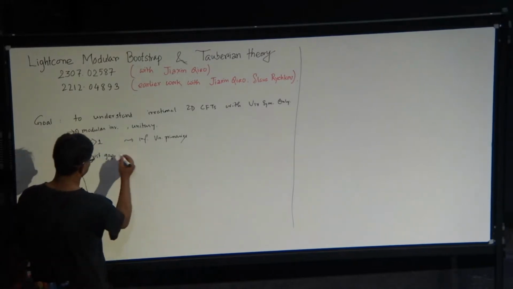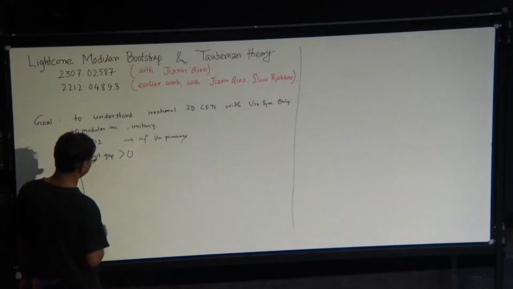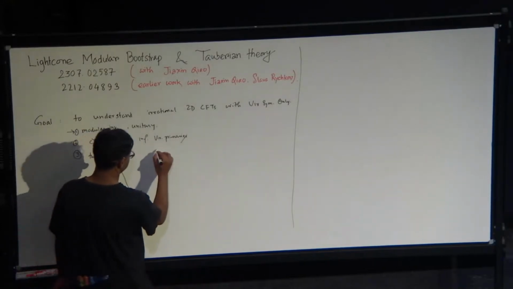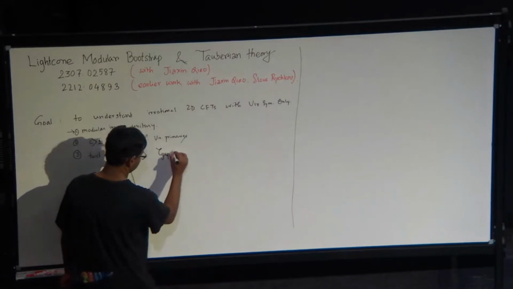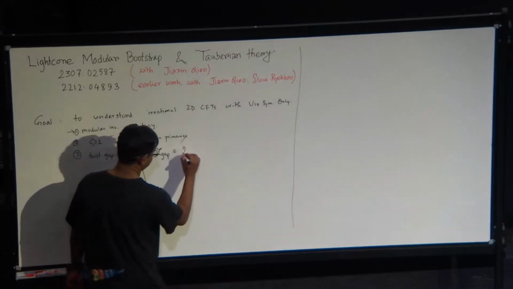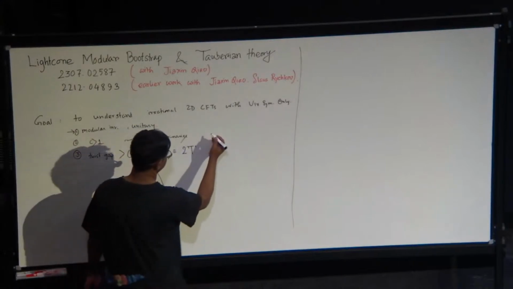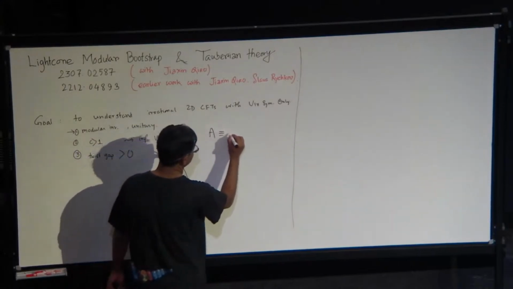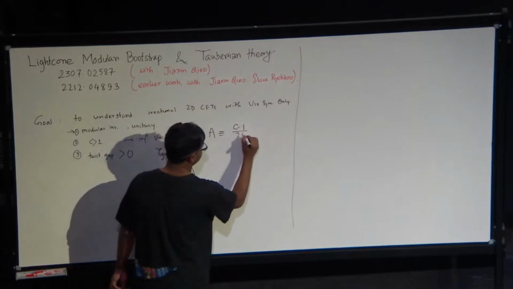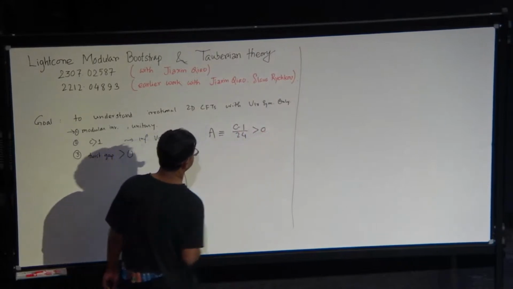Okay. So the twist gap is greater than 0. I'll use the notation that tau gap is twice t. And also I will use a notation for the later part: A is (c minus 1) over 24. So A is strictly greater than 0.